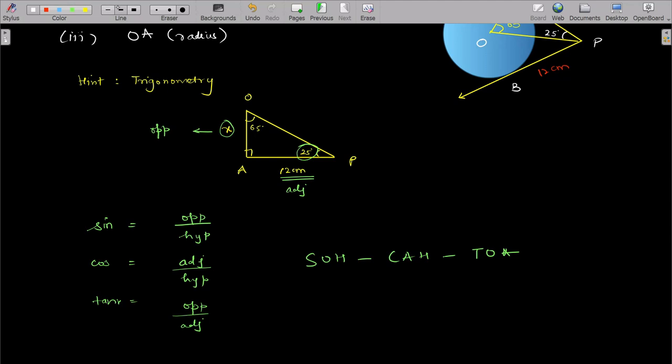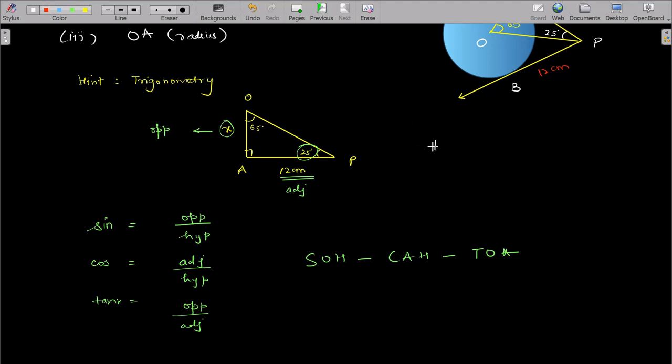Then couldn't I use cosine? No, but with respect to this angle, this side is the opposite, right? And this side is the adjacent. So we have to use these two side lengths, right? Okay.